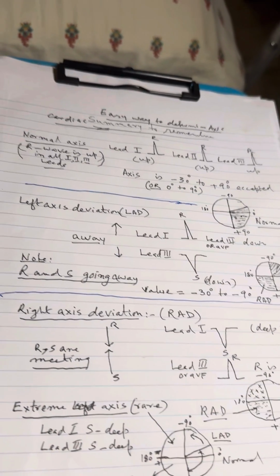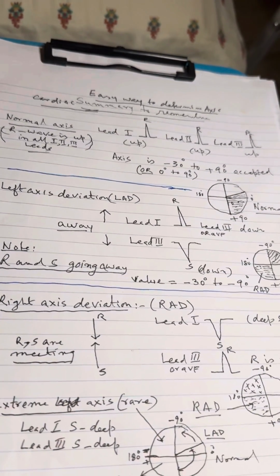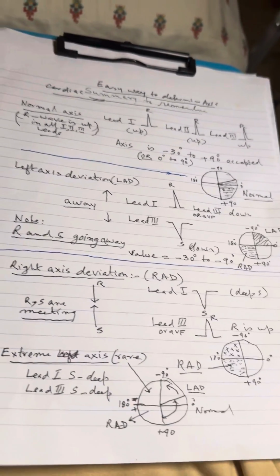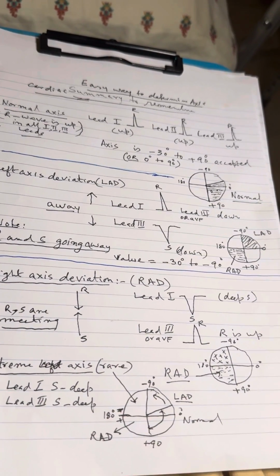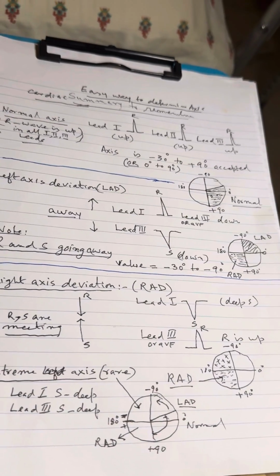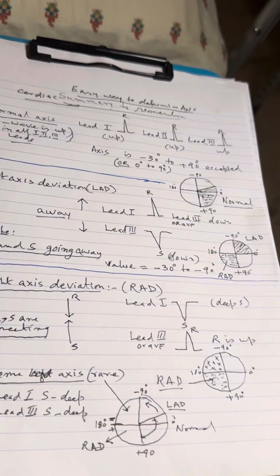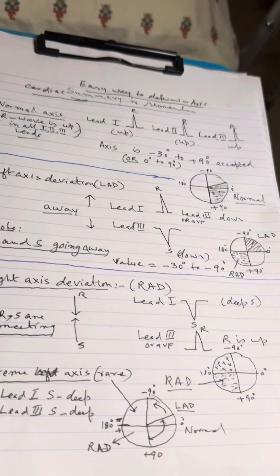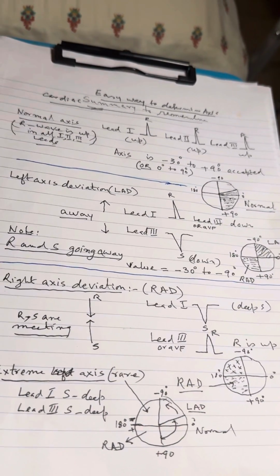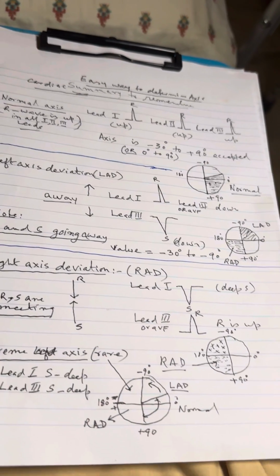So this is our left axis deviation. Right axis deviation is simple. If lead 1 has a deep S and lead 3 has a tall R, that means S and R are meeting, and that is right axis deviation.